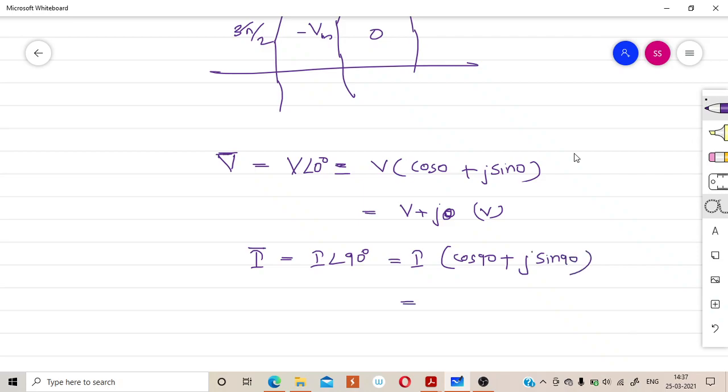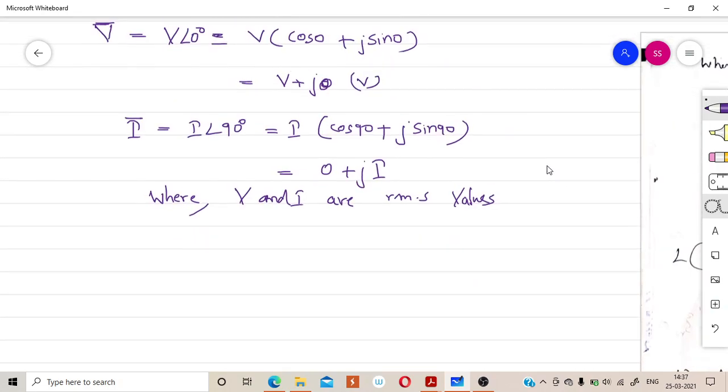That will be equal to 0 plus jI, where V and I are RMS values, and are given respectively by Vm by root 2 and Im by root 2.